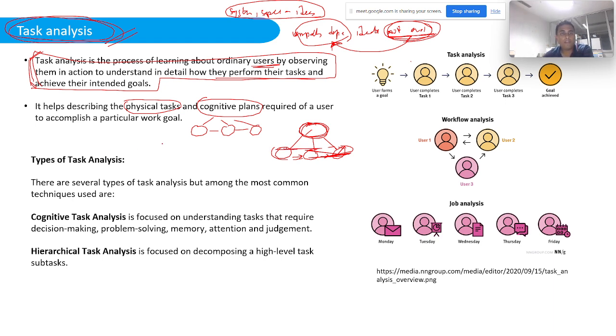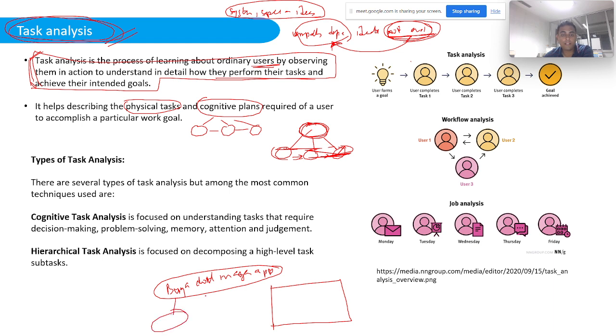For example, if you ask a user to buy a cloth in the Amazon app, that is the objective. Now, in order to achieve that objective, there is a set of tasks he will do.